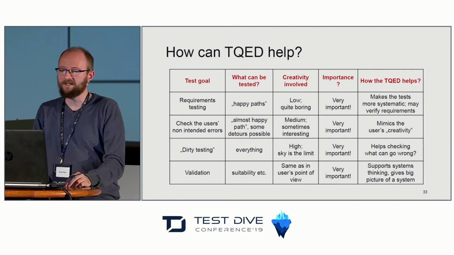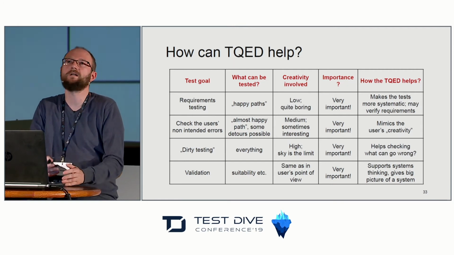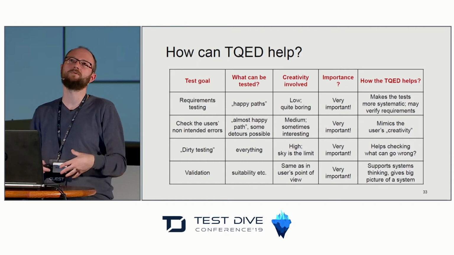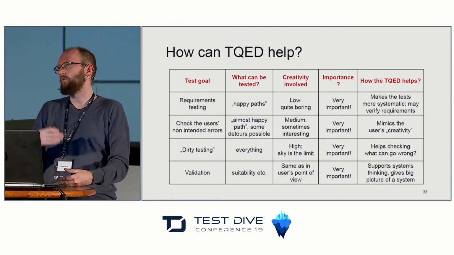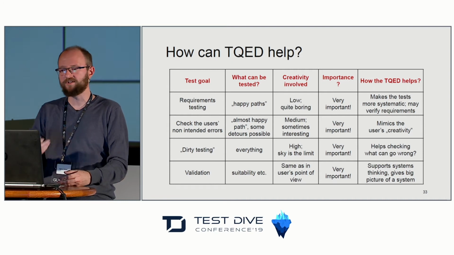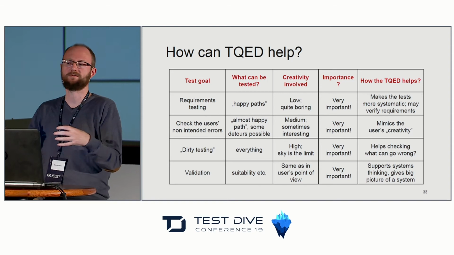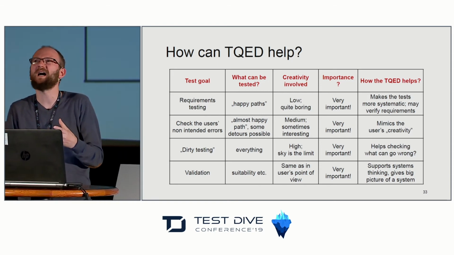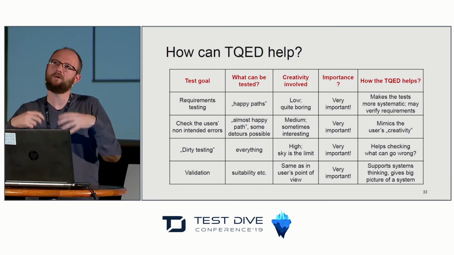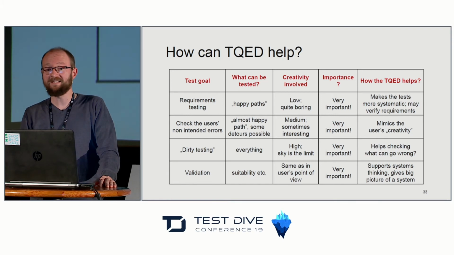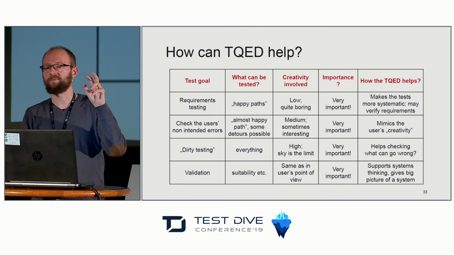It allows us to make this testing more systematic because when we create these basic dimensions, we can create a procedure that will try to combine each of them with each other, or any other type of combining process that allows us to go through all these interesting combinations. When we want to check the user's non-intended behavior, these errors, these are like almost happy paths.